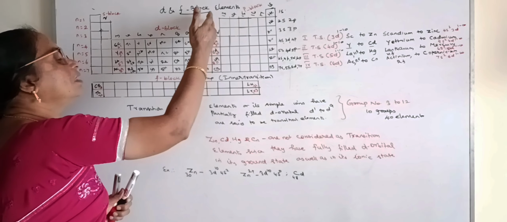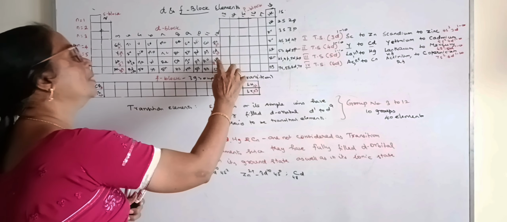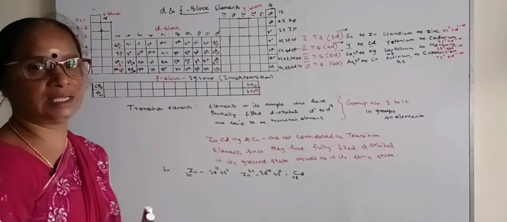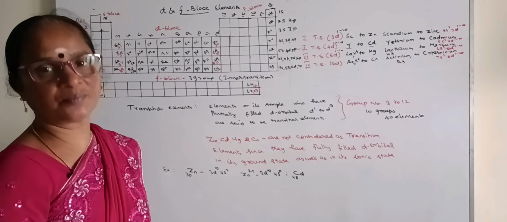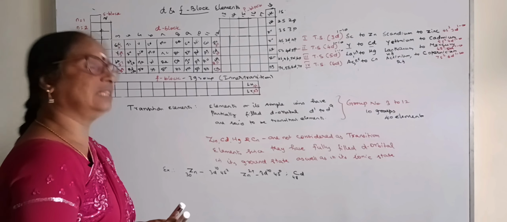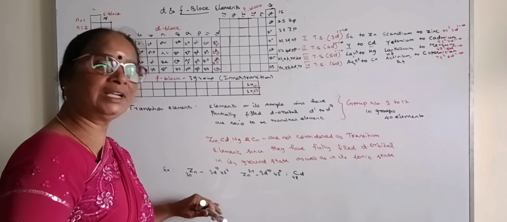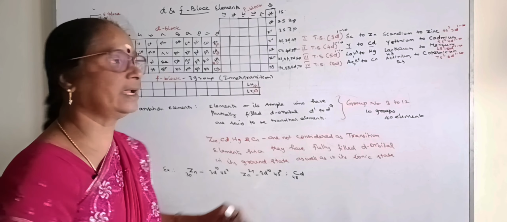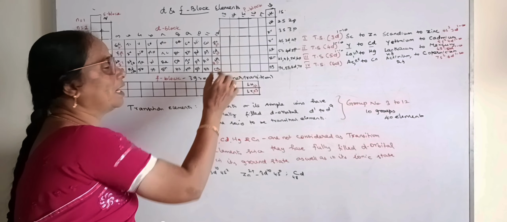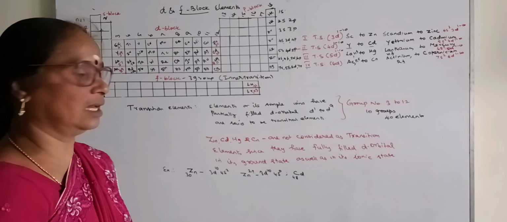So the 12th group, which contains the elements zinc, cadmium, mercury and copernicium, are not truly transition elements. This is because they have a fully filled d orbital in the elemental state as well as in the ionic form, and hence the 12th group elements are not regarded as transition elements.